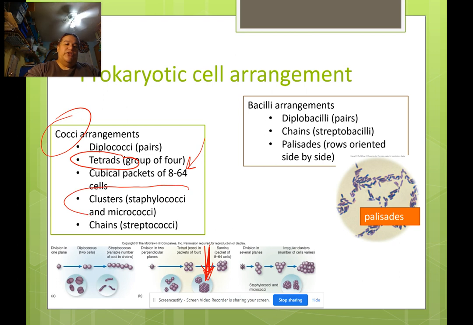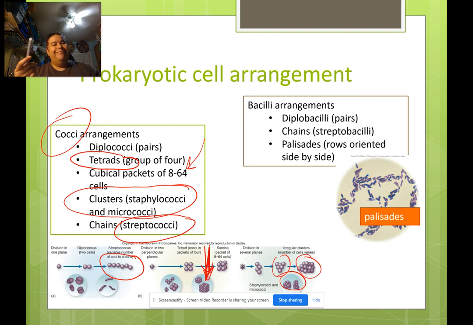You can have clusters. So when we say staph, like staphylococci, we mean that there are clusters, there are bundles of them. Okay, so you can see these bundles down here. We can also have chains. So chains like this, almost like a pearl necklace, you would call them strep. So strep throat.